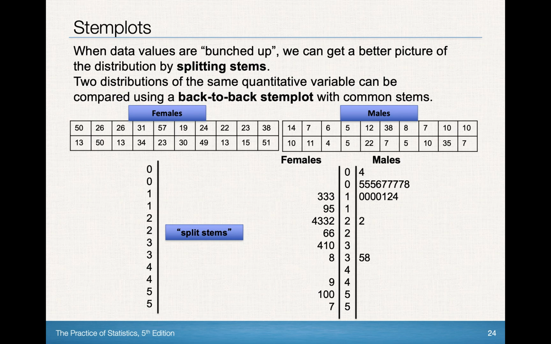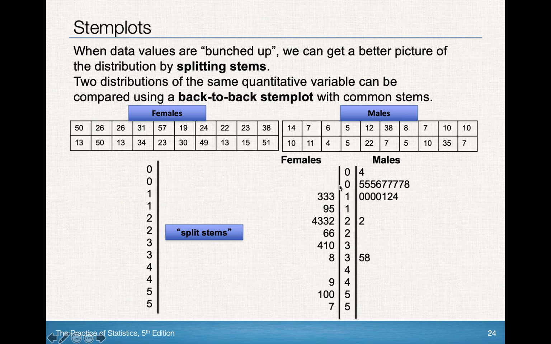Looking at this stem and leaf plot, I can see that a lot of males are between 4 and 14 pairs of shoes. Right? There's a lot bunched up there. It looks like the males distribution is kind of skewed to the right, and you can see that the females are definitely overall owning more shoes than the males.